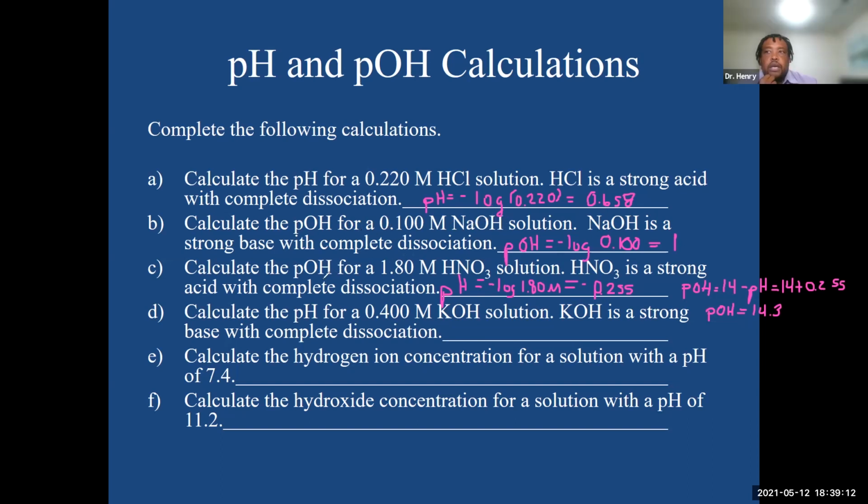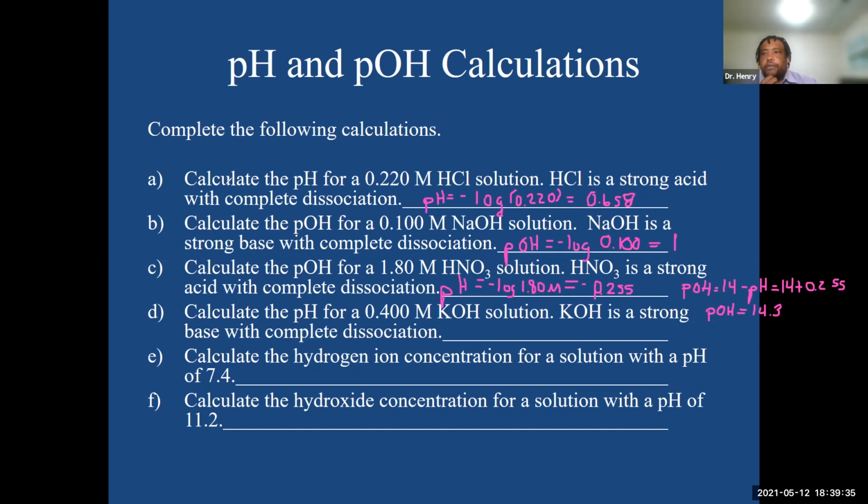Here we're calculating the pOH for an acid. So in this case, all we're getting is the concentration of the H plus, and so we have to use that subtraction to figure out how much OH is in there. Does that make sense? Yeah.